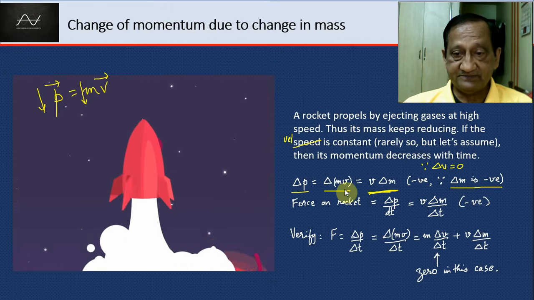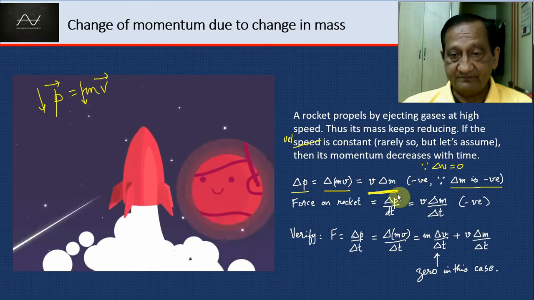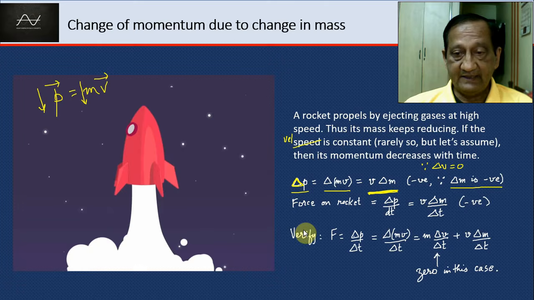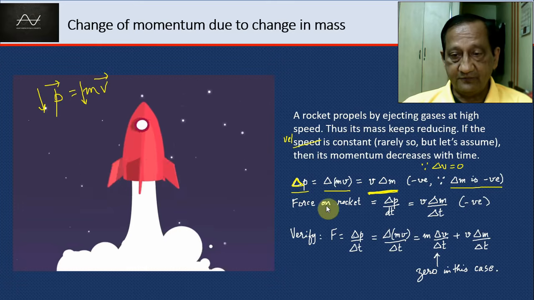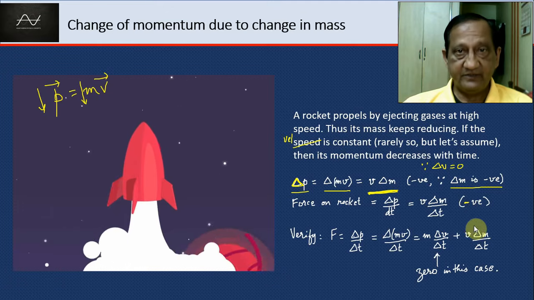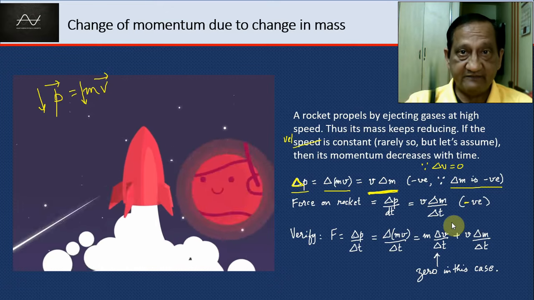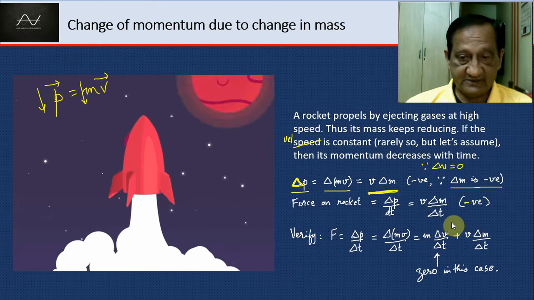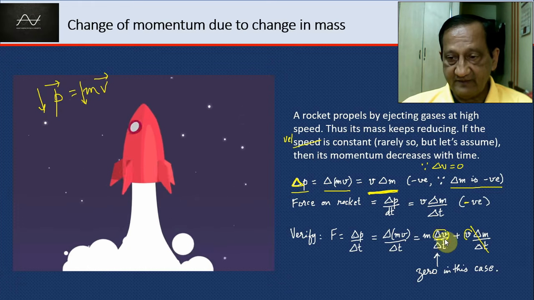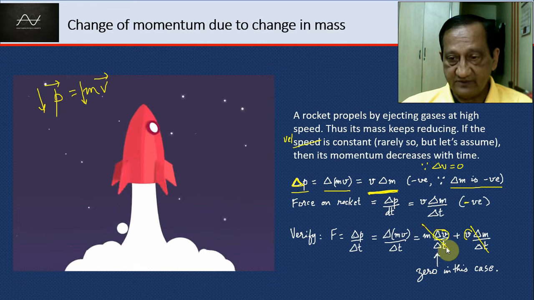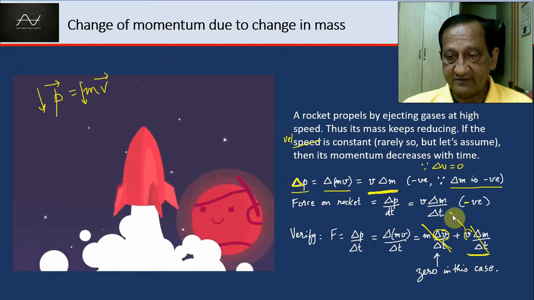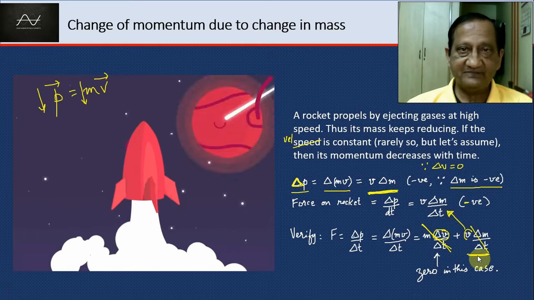That means this V delta m, delta P is a negative quantity, and that means the force on the rocket, delta P by delta T, is also a negative quantity. There is a force in the negative direction, that means opposite to the velocity. As we talked about, the delta V is 0, therefore this term vanishes in this particular case, and it is only V delta M by delta T, which is the same thing as this one. Clear?